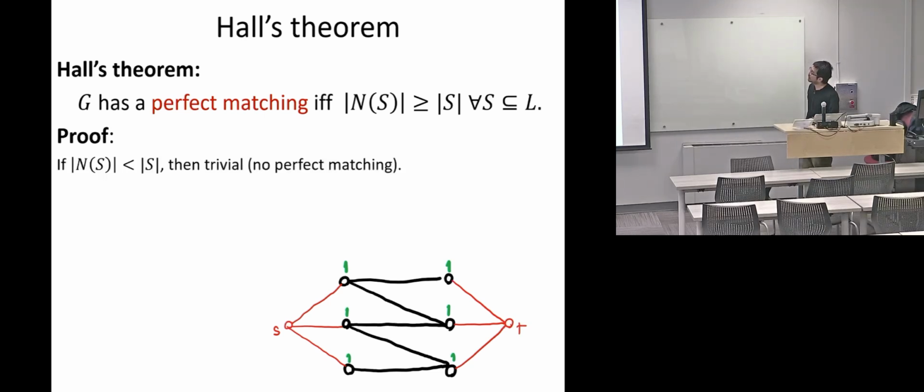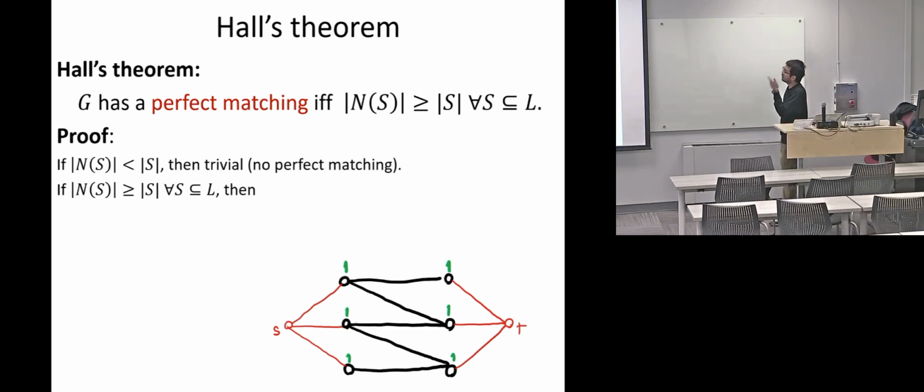One direction is clear, so I'm going to skip this. What if the size of the neighbor set is at least the size of the set for every set S?